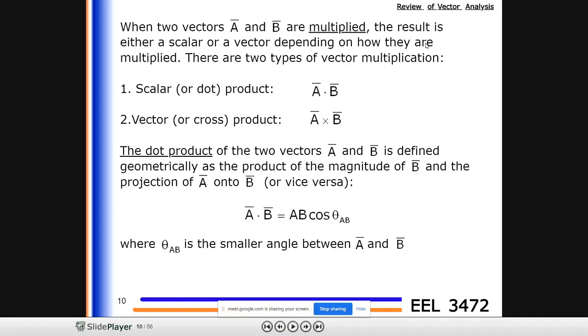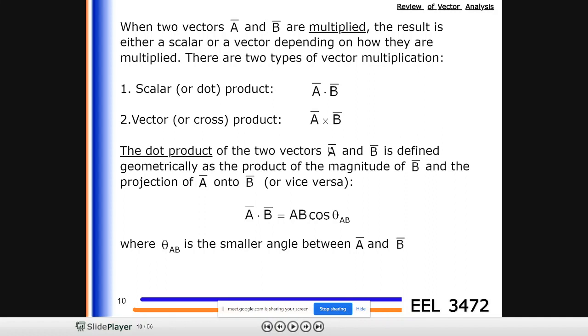Depending on that, there are two types: the scalar product and the vector product, dot product or cross product. In the dot product, you will end up with a scalar. If you multiply two vectors, the result will be a scalar quantity. And in the vector or cross product, when you multiply two vectors, you will end up with another vector. So this is the difference between these two.